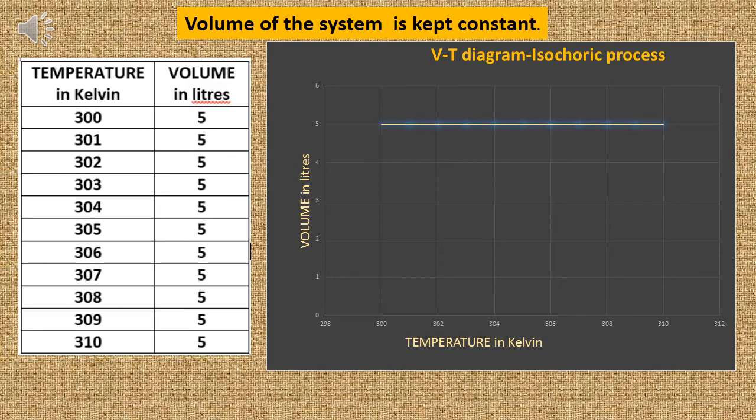Here the temperature increases. When temperature increases, there is no change in the volume. You could see a horizontal line. That horizontal line is drawn exactly at 5 liters. Temperature alone increases. That horizontal line is drawn parallel to the x-axis. This is called the VT diagram.